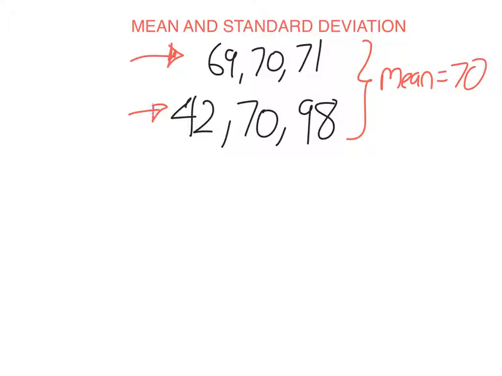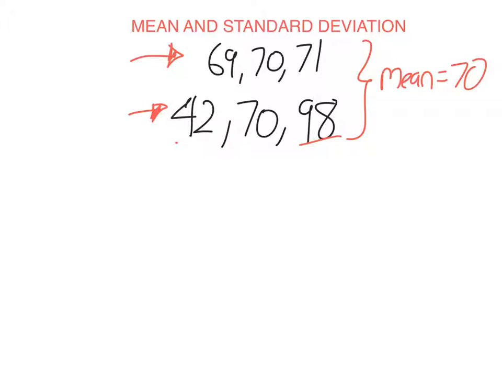In the second test, there was a lot of variability. So someone did really well, got 98, someone did poorly, got 42. Someone scored a long way above the mean, someone scored a long way below the mean. So if I just report the mean, that's 70, it says that on each test the class did the same, but it doesn't tell the whole story.